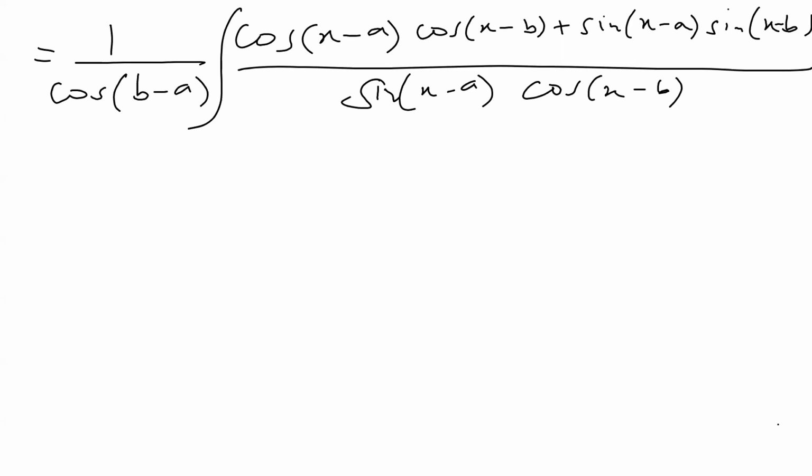Now split this upon this. So the cos terms will get cancelled. So cos upon sin will be cot.